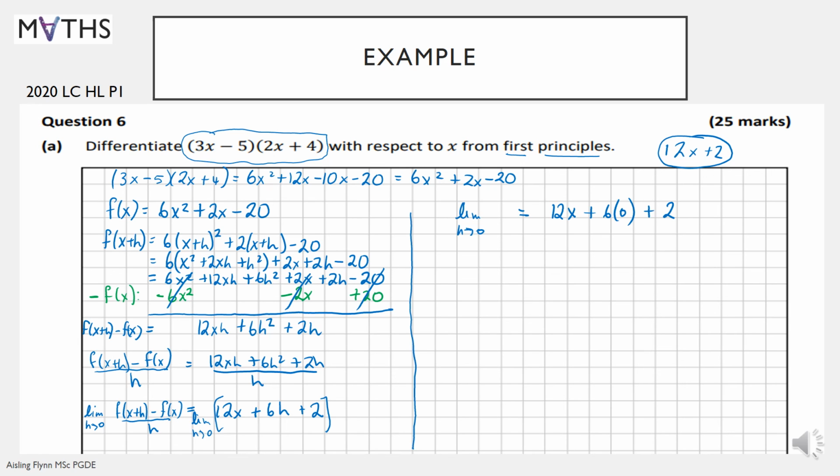If there were more terms with h in it, you'd be dividing first by the highest term of h and then putting to 0. So what do we get for finish? We get our f dash of x, our instantaneous rate of change, is 12x plus 2. And we had predicted that, so we know that we're good.